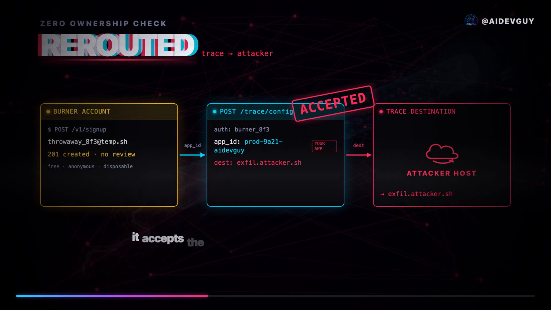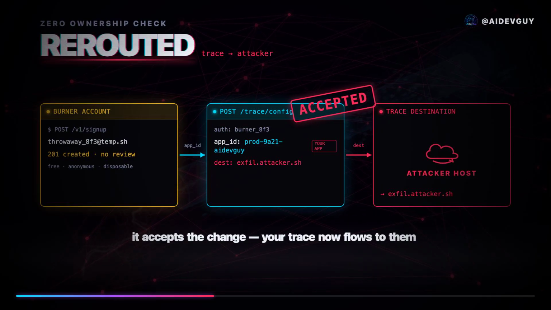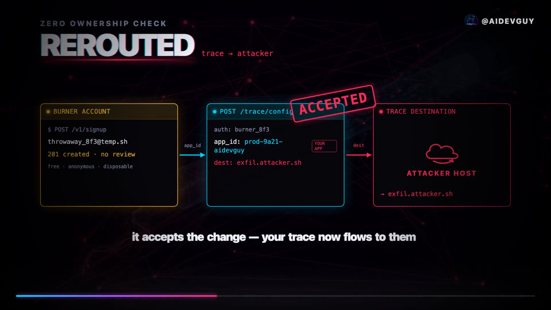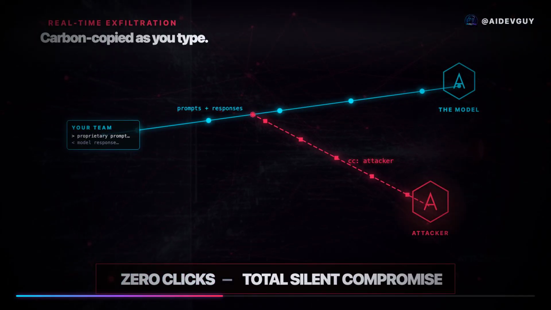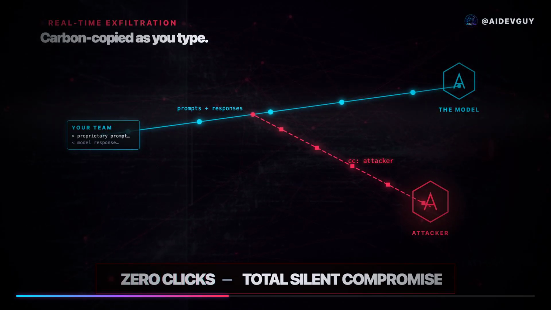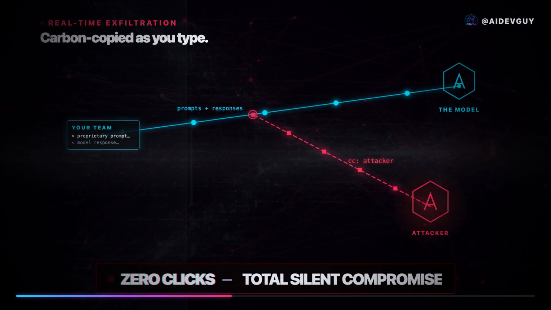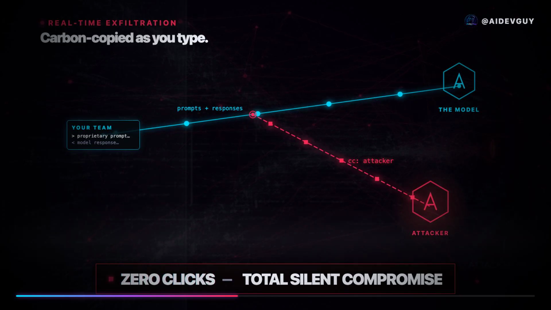The system blindly accepts the update. The attacker switches the tracing destination to a server under their control. From that millisecond on, every proprietary prompt your team types and every model response generated is silently carbon copied and streamed straight to the attacker. 0 clicks required. Total silent compromise.